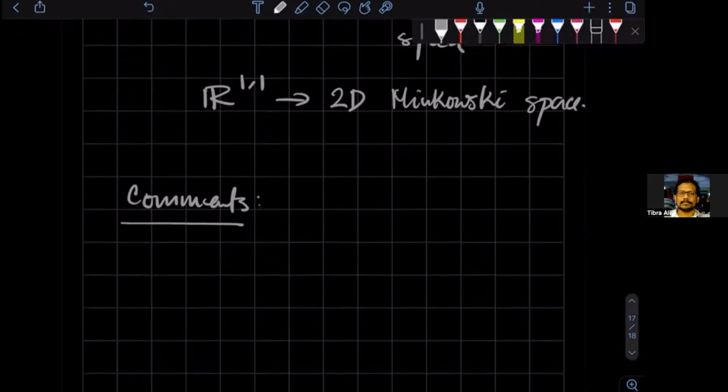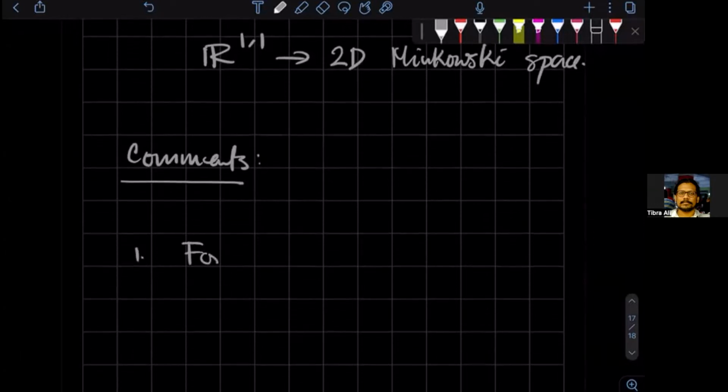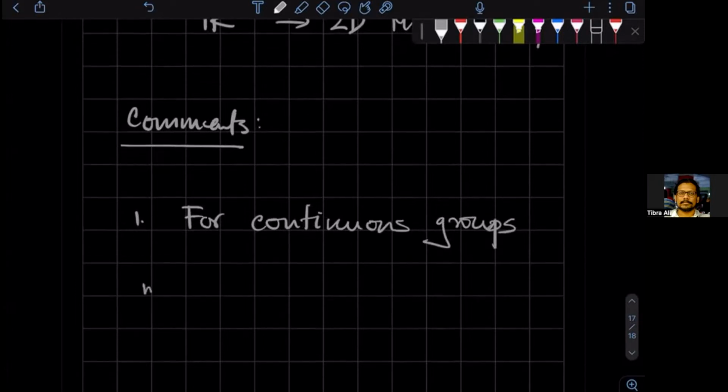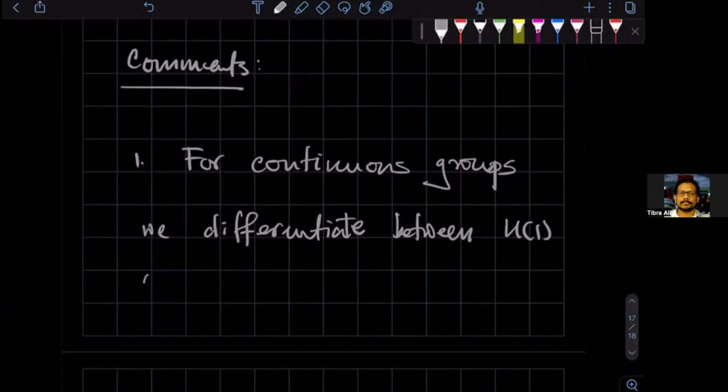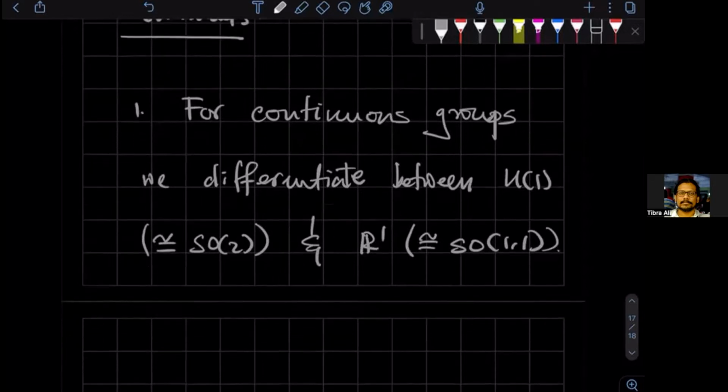Number one is that for continuous groups, we differentiate between, say, U1, which is isomorphic to SO2, and R1, which is isomorphic to SO1,1.